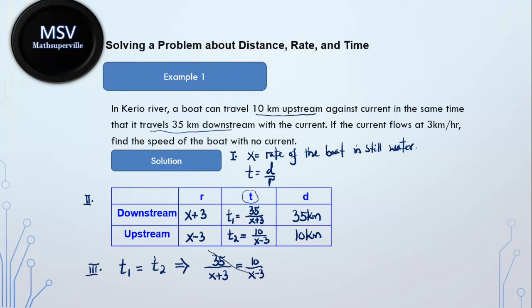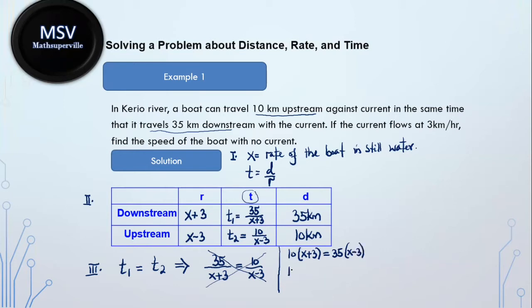And when we cross multiply, we end up with 10 times x plus 3 is equal to 35 times x minus 3.